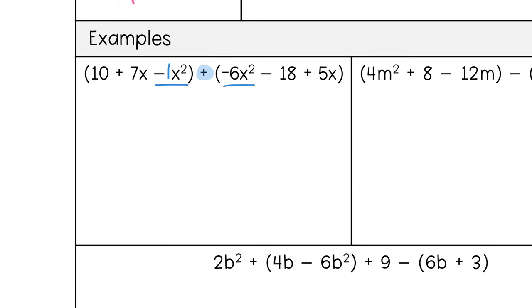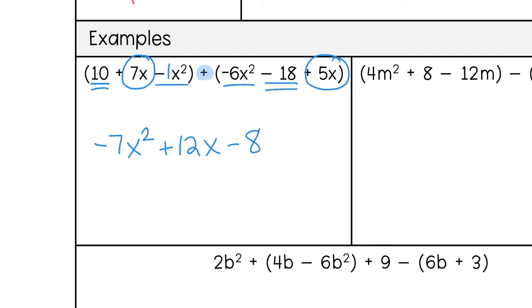Remember, this has an invisible 1, so if I add those together, negative 1 plus negative 6 is negative 7x squared. Now, anything that has an x, so I have plus 7x and plus 5x. Together, that makes 12x. And then anything that's left over, the regular numbers, plus 10 and negative 18 makes negative 8. So it's that easy.